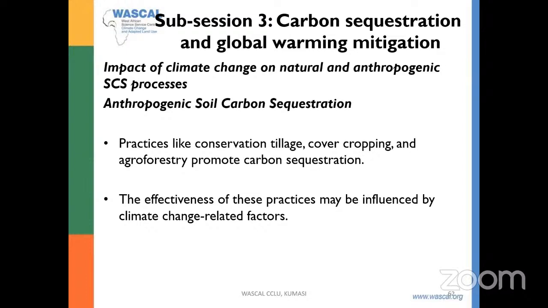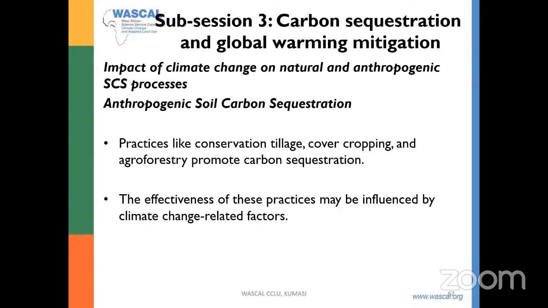And some of the anthropogenic soil carbon sequestration processes are practices like conservation tillage, cover cropping, and agroforestry. They help promote carbon sequestration. And the effectiveness of these practices may be influenced by climate change related factors.